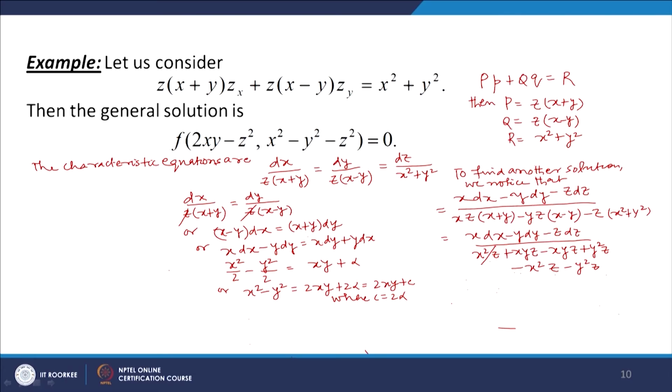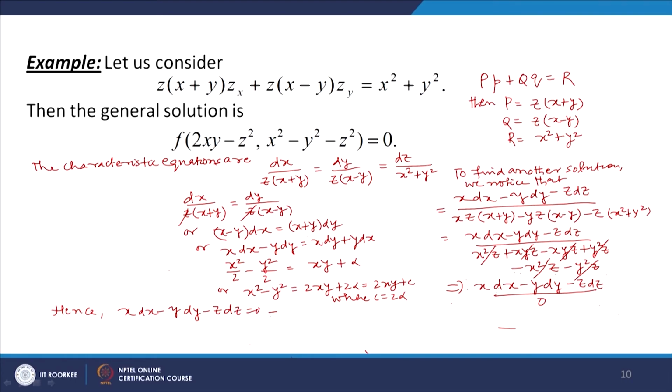So, x square z cancels, y square z also cancels, and xyz cancels. So, this implies that x dx minus y dy minus z dz over 0. So, this equal to this, and hence x dx minus y dy minus z dz equal to 0.